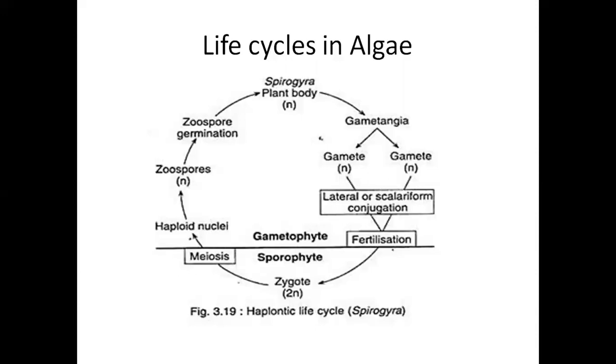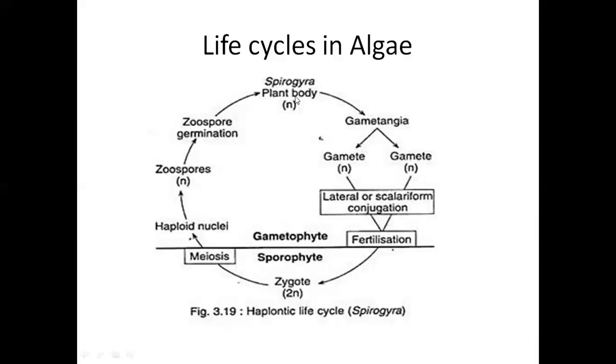produced. Now, when zoospores are formed, we are saying these spores, the zoospores, these are haploid. Now, when the zoospores germinate, they grow into a plant body, Spirogyra. Here see, haploid nuclei form zoospores, zoospores germinate, and when they germinate, they grow into a plant body.